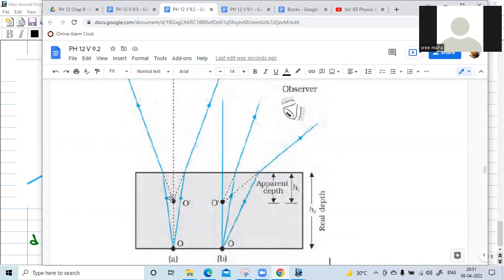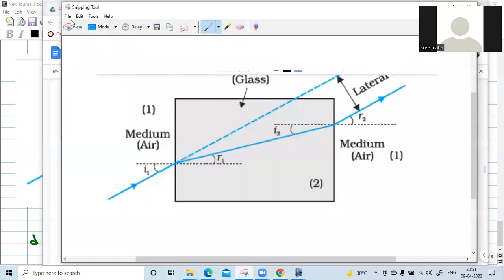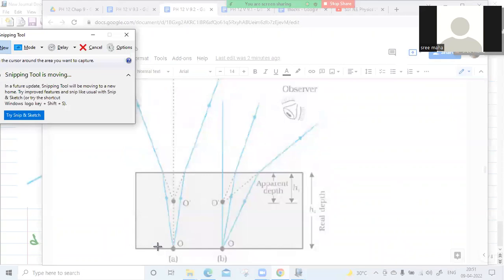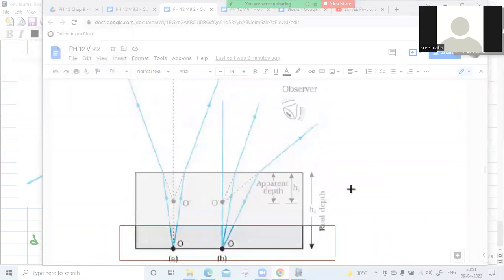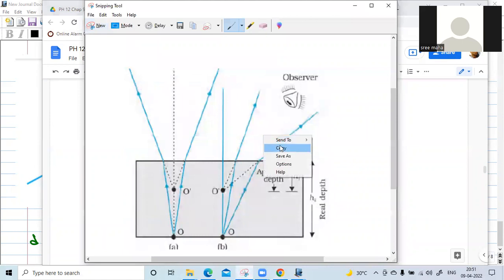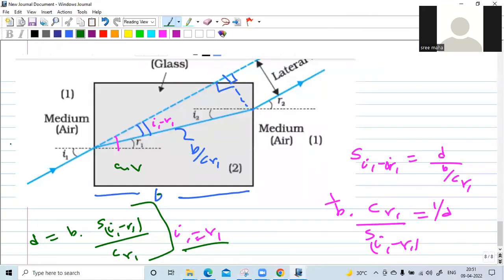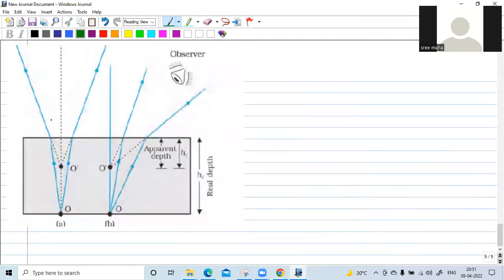See, the basic idea is, suppose I don't have this water, and I place an object here, O prime. In the second case, I have this object with water and the object is here. So those two situations are equivalent. Let me explain this one. This is the first case where you have water and you are in air.